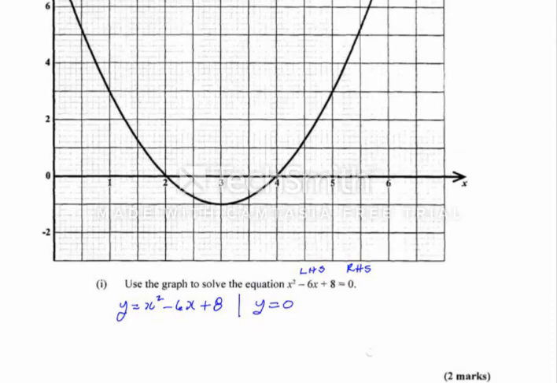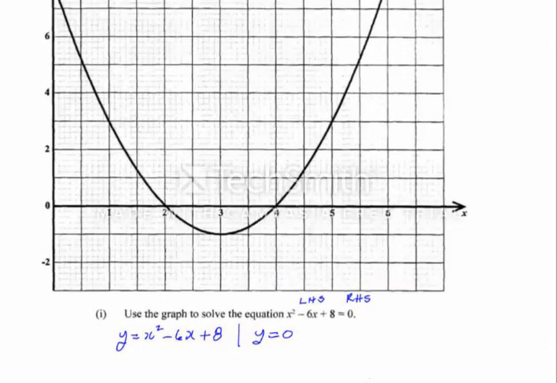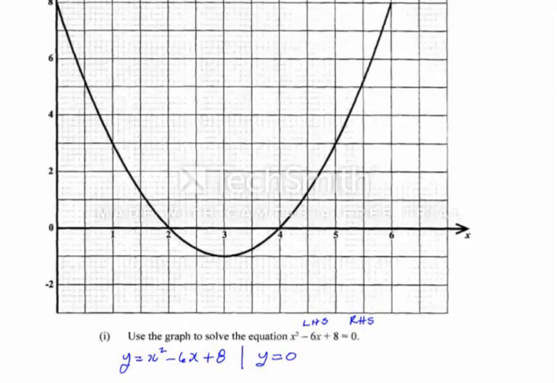Now, the beauty about it is that both of these graphs have already been drawn. The parabola, which is the curve, is the graph y is equal to x squared minus 6x plus 8. And the x-axis is the line y is equal to 0.